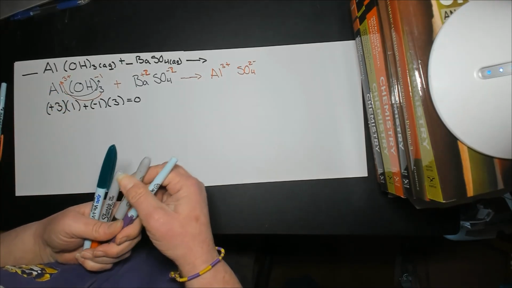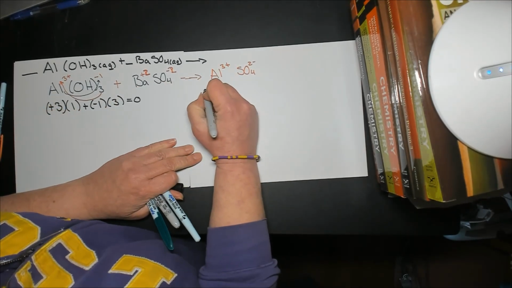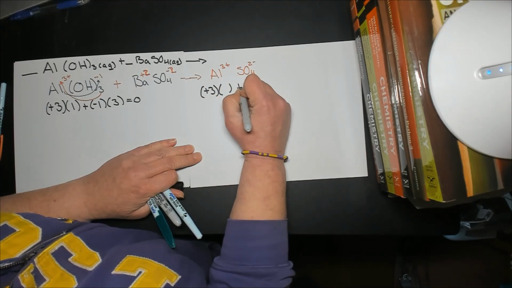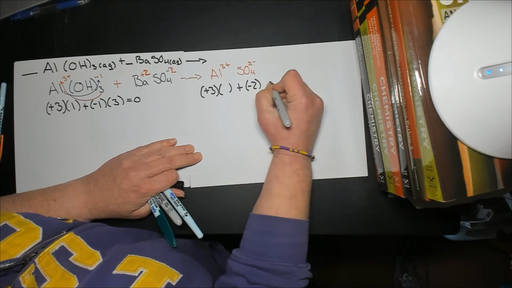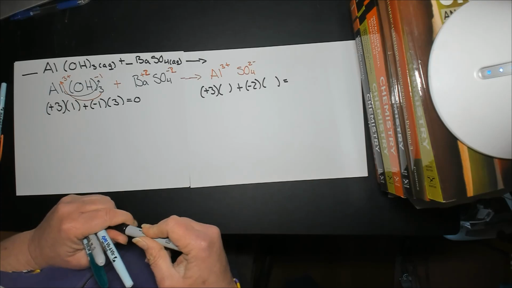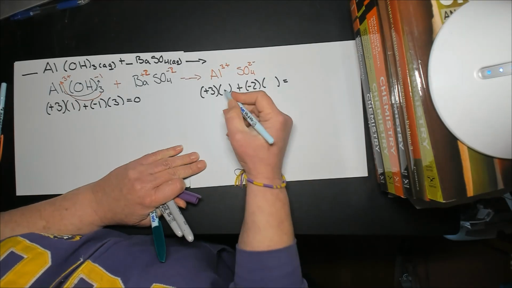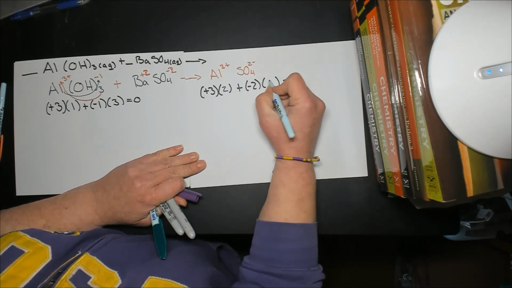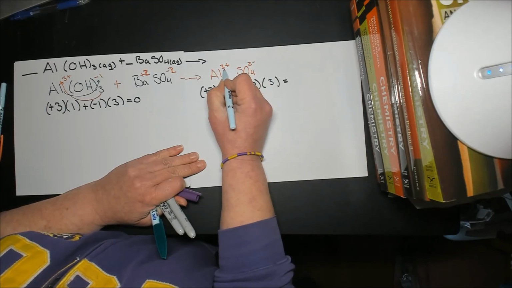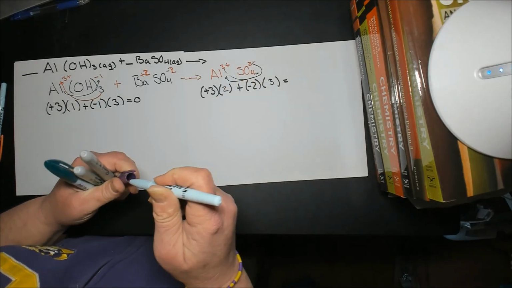Now to keep this balanced, let's rewrite this little guy down here. I have a +3 times how many do I need, plus a -2 times how many do I need, and that needs to equal 0. Well, the way to fill that in is that I have to have 2 of these to get positive 6 and 3 of these. The other way is bringing this over here and this over here.